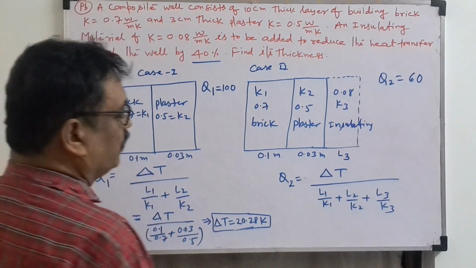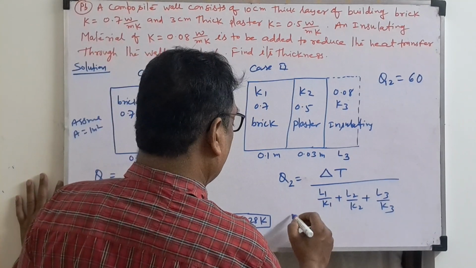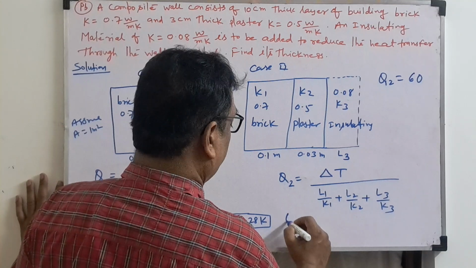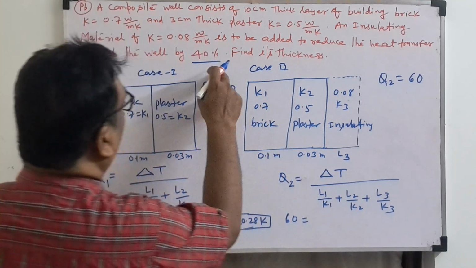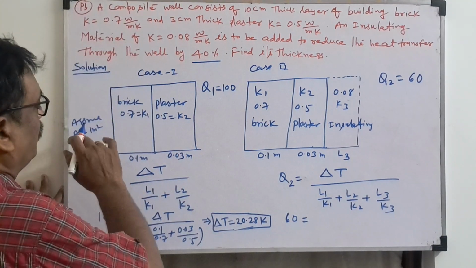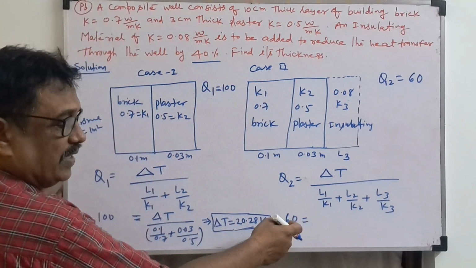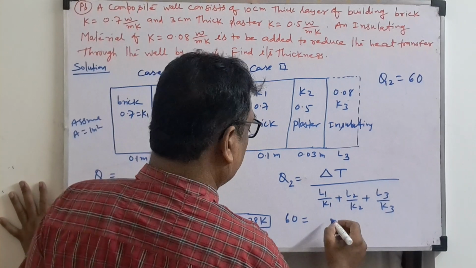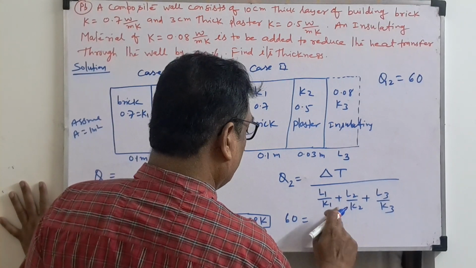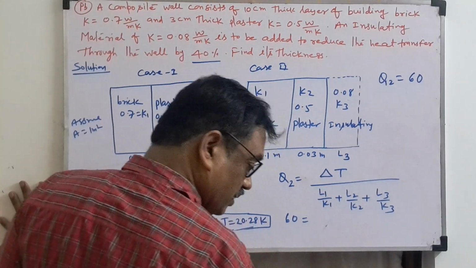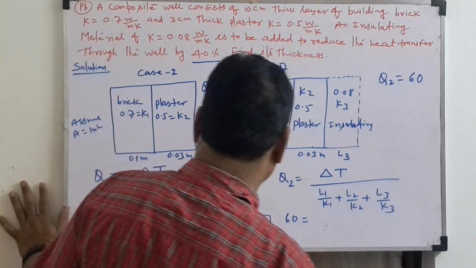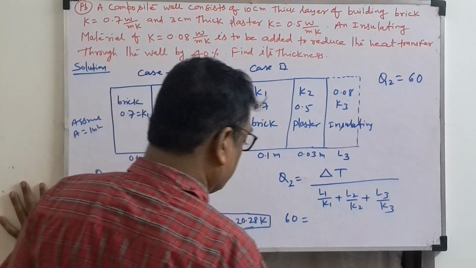We will substitute the values. The value here is 60, because there is 40% loss. Suppose the heat flow is 100%, then loss is 40%, so 60% remains. So 60 equals delta T, and delta T we already know, 20.28.